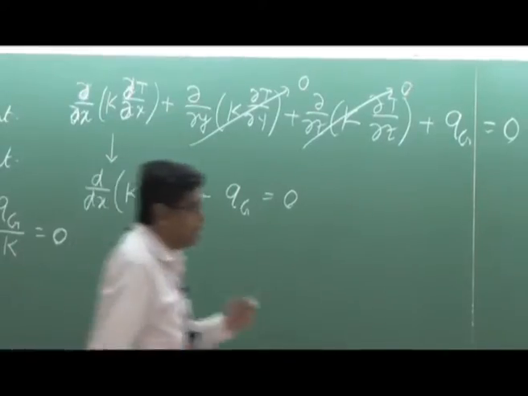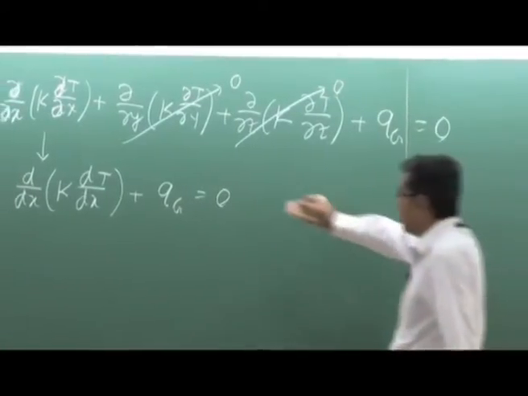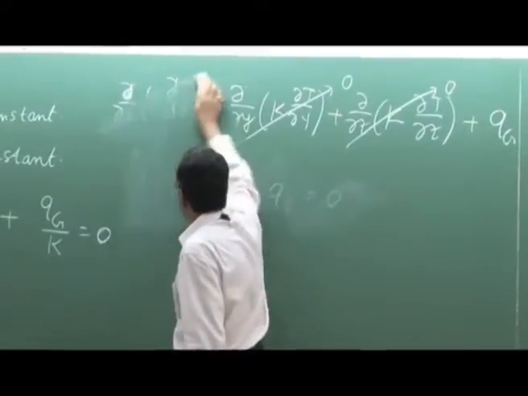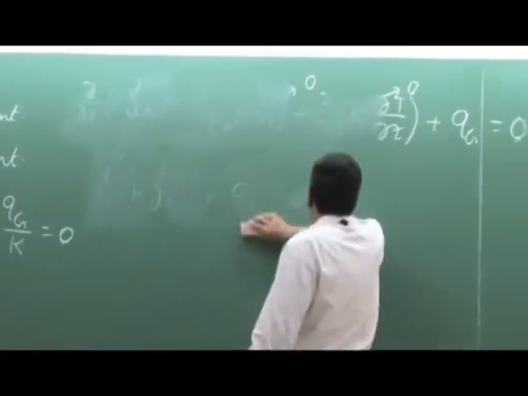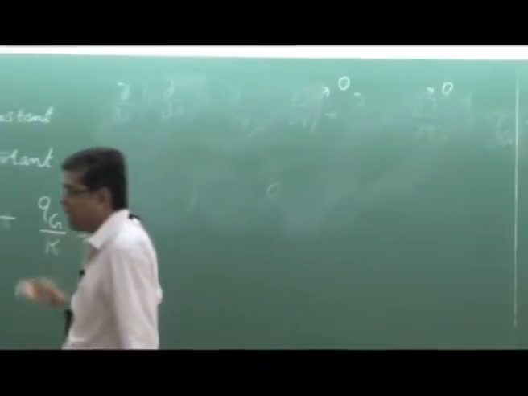Now we have to solve this equation, with constant thermal conductivity and constant volumetric heat generation rate qg. It is extremely simple.